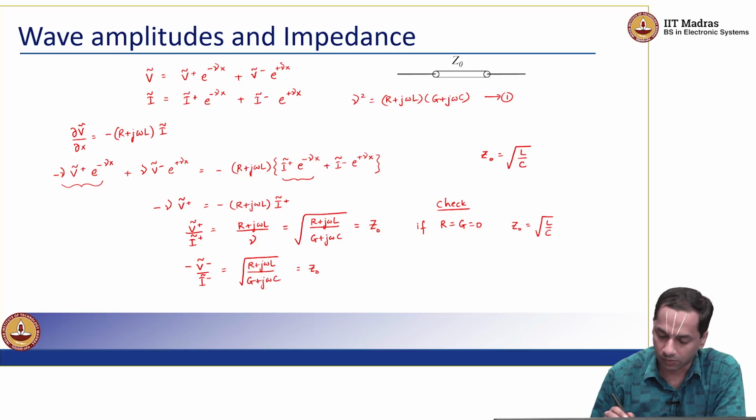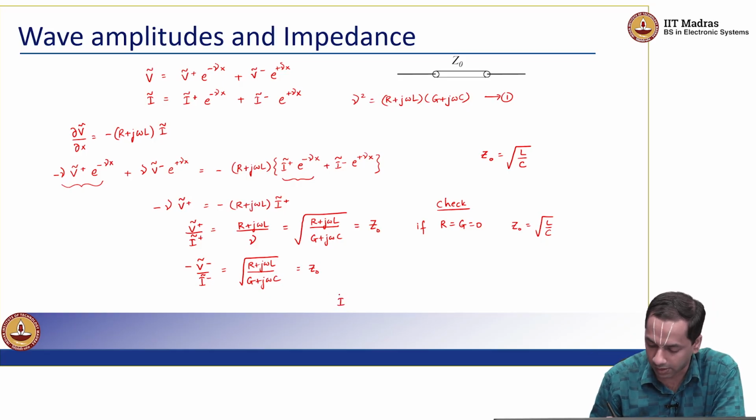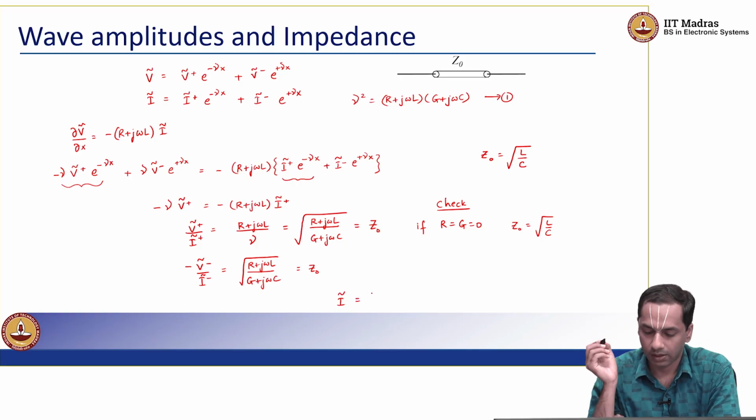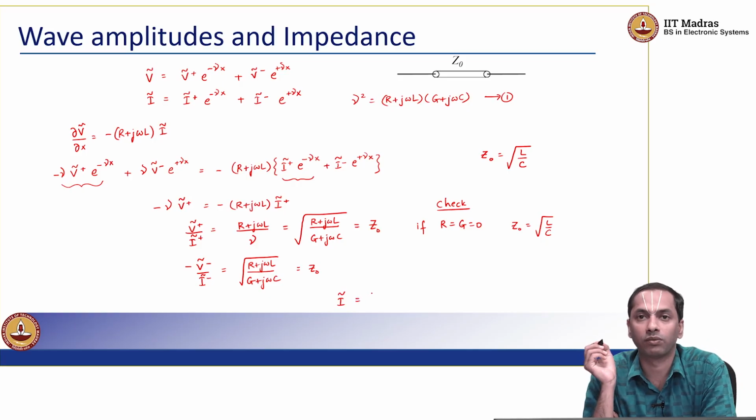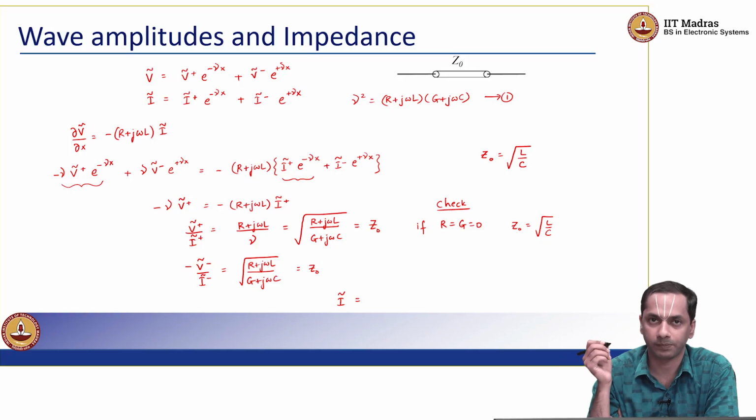Okay. So with these two relations derived, you can now say that there are not really four different phasors, V plus, V minus, I plus and I minus. I plus and I minus can be derived from V plus and V minus, right, through Z0.